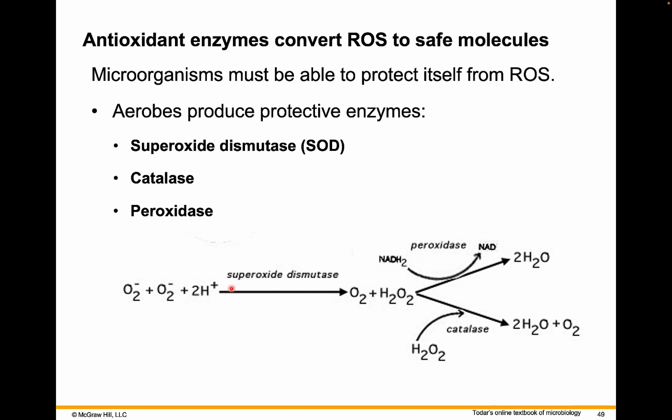So you can easily see superoxide dismutase forms the hydrogen peroxide, which can be detoxified either by peroxidase or by catalase. So all these microorganisms which can tolerate oxygen must have superoxide dismutase and either catalase or peroxidase or both.